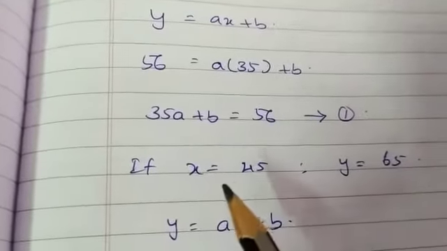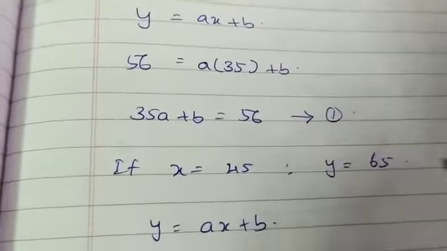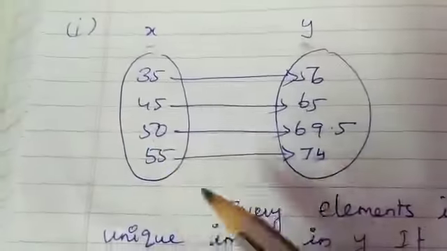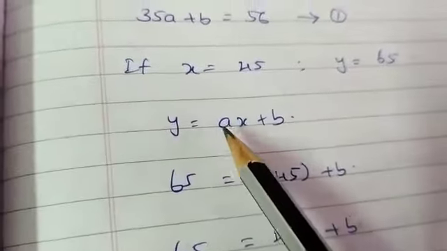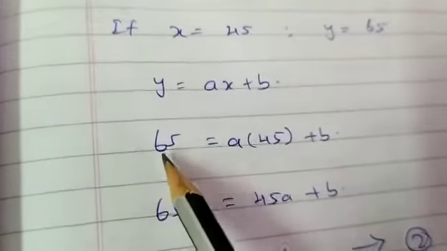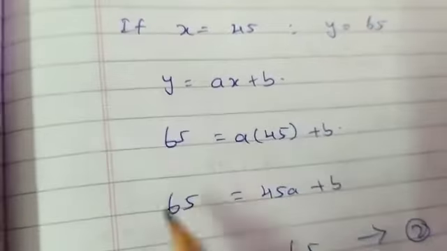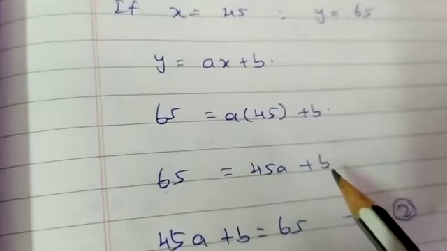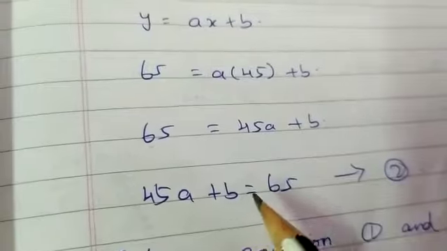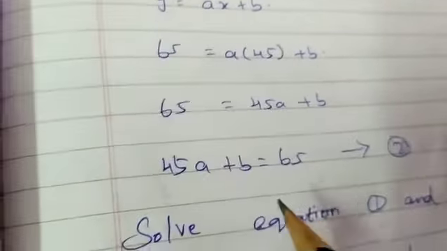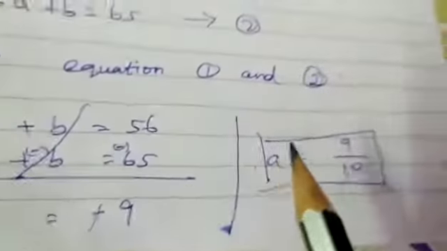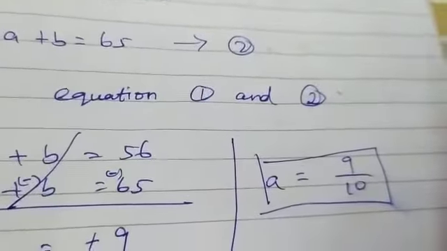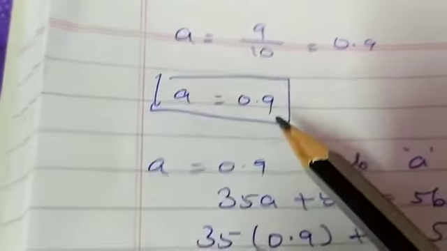Then if I take x equal to 45 and y as 65, the second values of x and y, and substitute in this equation, I will get 65 equal to a into 45 plus b, so 45a plus b equal to 65. This is our second equation. So when we solve equations 1 and 2, I will get a equal to 9 by 10. Converting this to decimal form, a equal to 0.9.